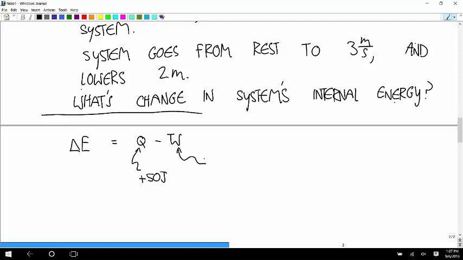And 100 joules of work is added to the system. So right, work is negative 100 joules. And so we know that the total change in energy is equal to, careful because this is a negative, 150 joules.